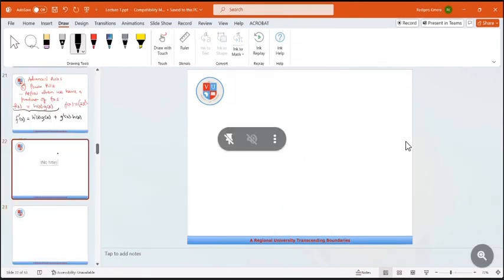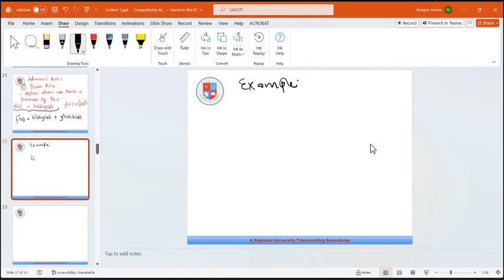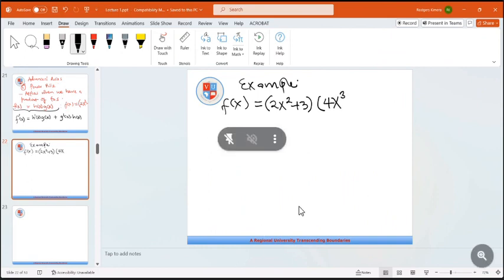We are looking at a power rule example. If f of x is equivalent to 2x squared plus 3, multiplied by 4x cubed minus 5x squared.